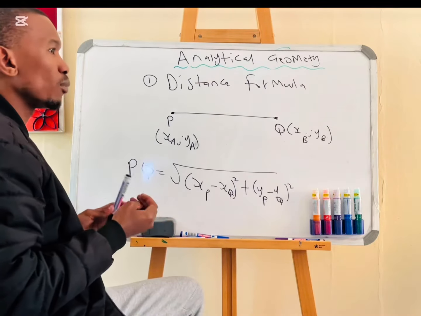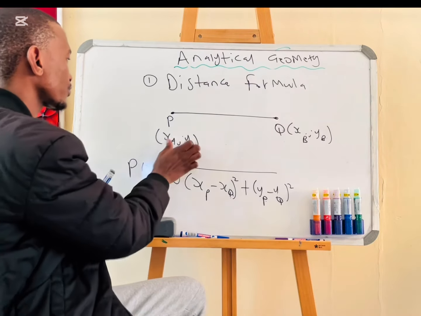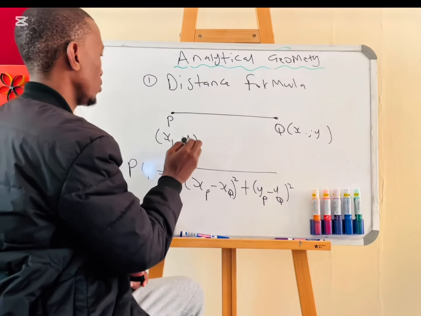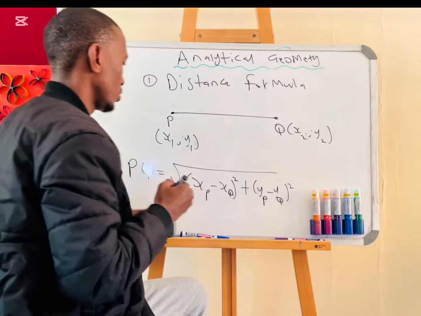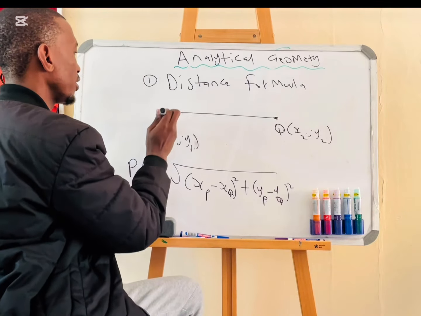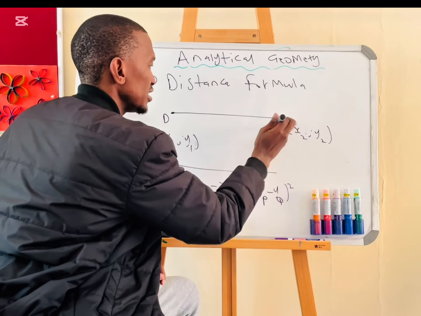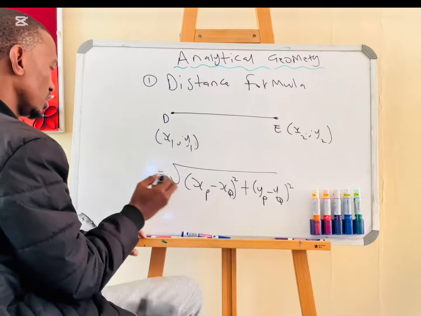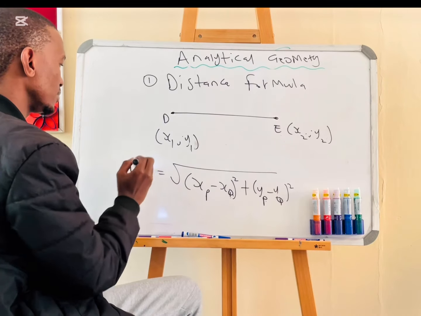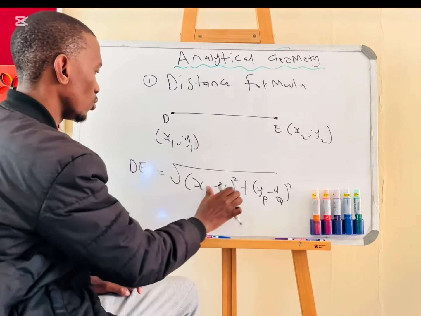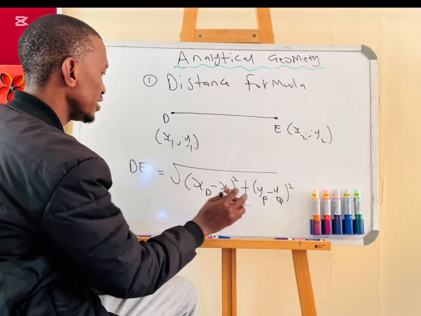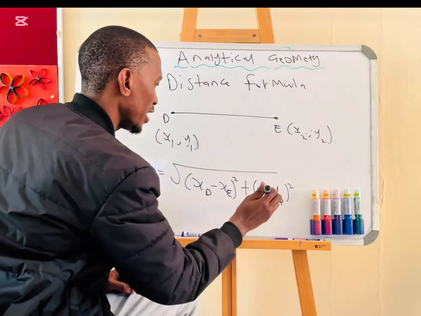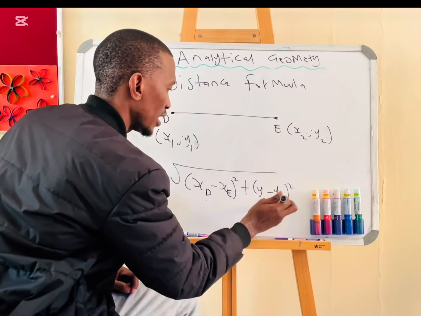What if you're given the points D and E? So 1, 1, and 2, 2. If I'm given the point D and the point E, what must I do? Don't worry guys, you remove that, you're gonna say DE. So DE equals XD minus XE and YD minus YE.